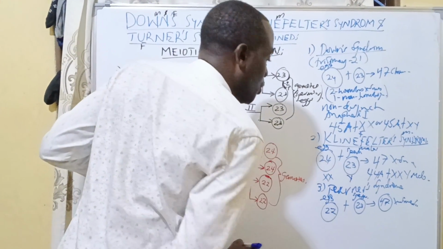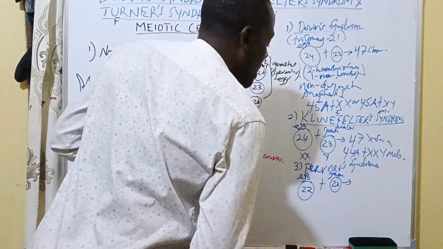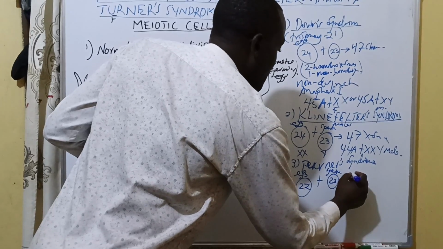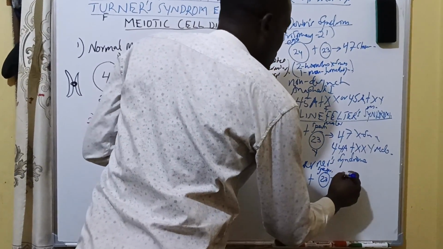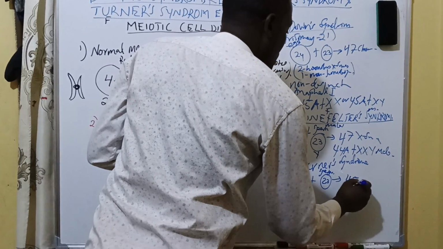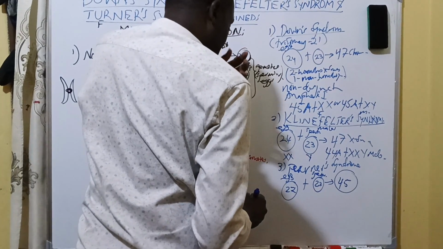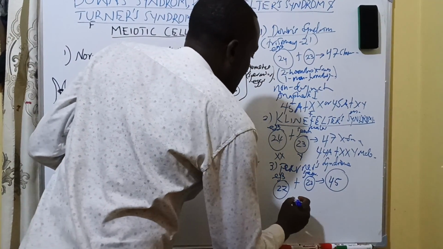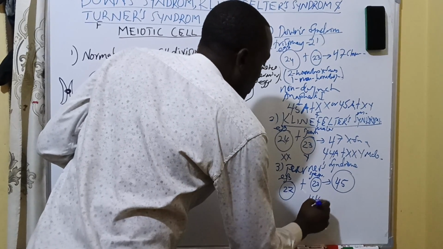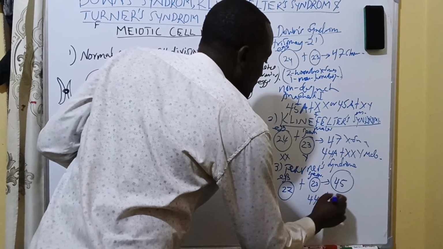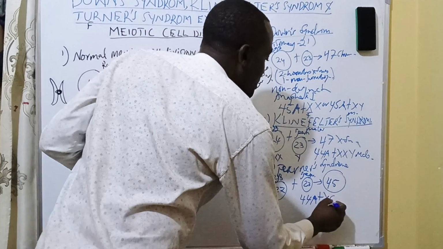So 22 chromosomes, and the total here will be 45 chromosomes in the zygote. Now what happens is that this person here is having 44 autosomes or body chromosomes plus 1 X, and is a female. In other words, is X naught.